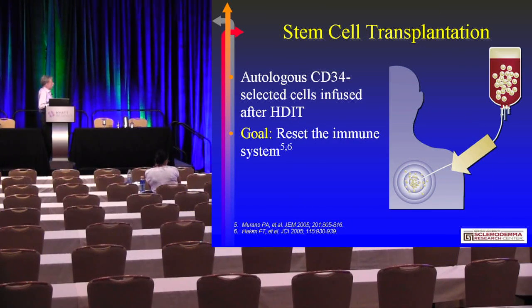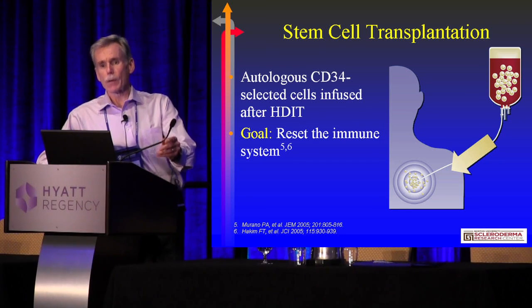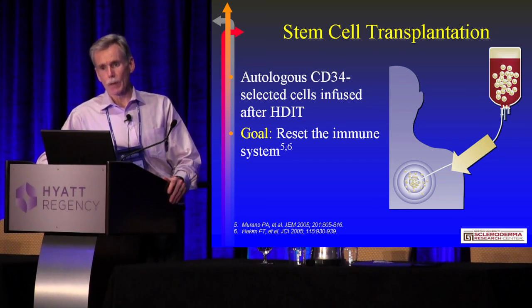Now, that leads into kind of a segue into the use of immunoablation and stem cell transplantation. So this is sort of the granddaddy of the B-52 airstrike on the immune system, if you will.